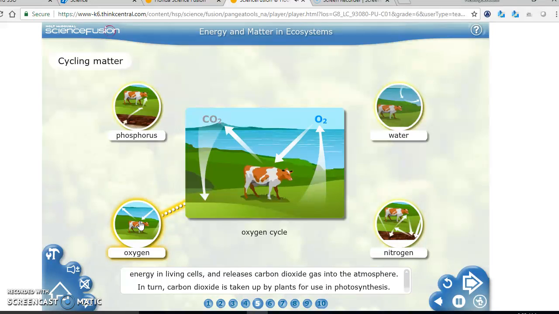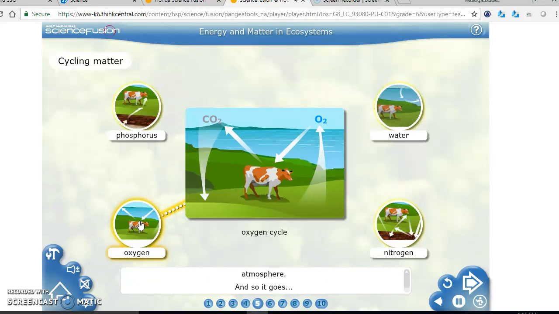In turn, carbon dioxide is taken up by plants for use in photosynthesis. Remember? Photosynthesis is a process in which plants use energy from the sun, along with water, carbon dioxide, and nutrients, to produce their own food. As a byproduct of photosynthesis, plants release oxygen back into the atmosphere. And so it goes.